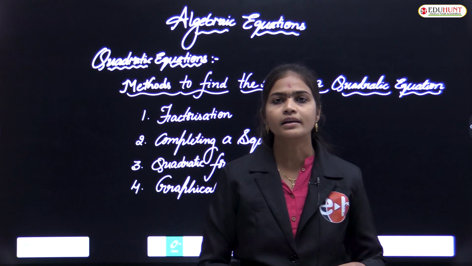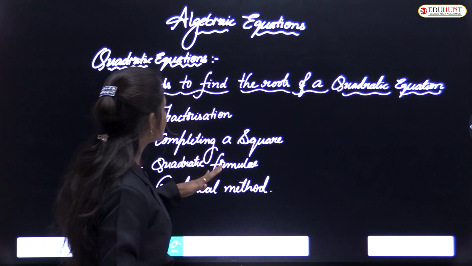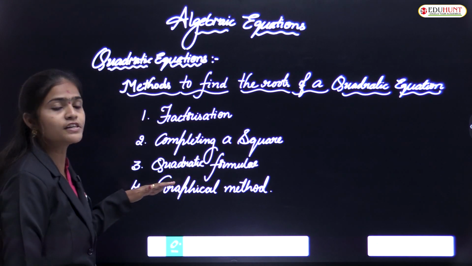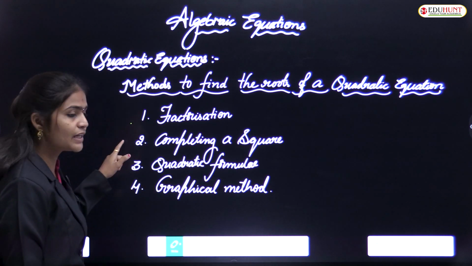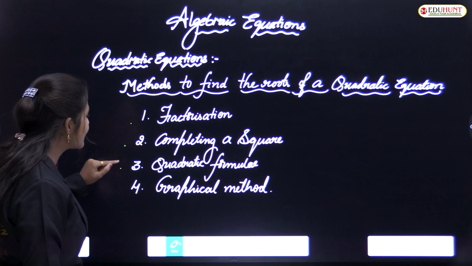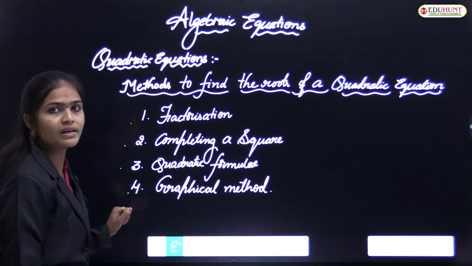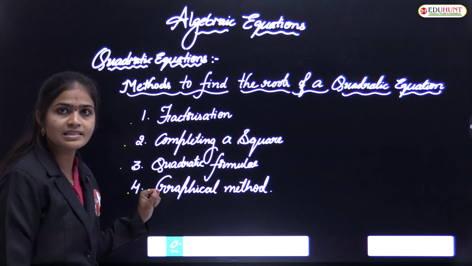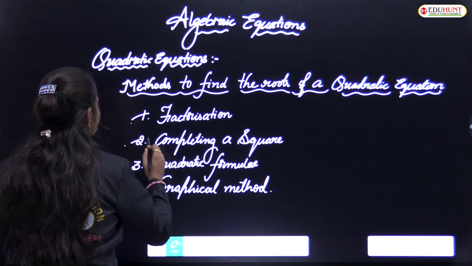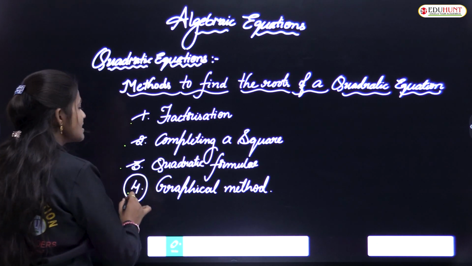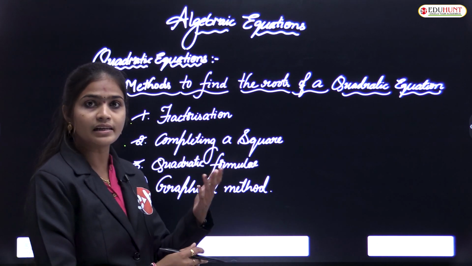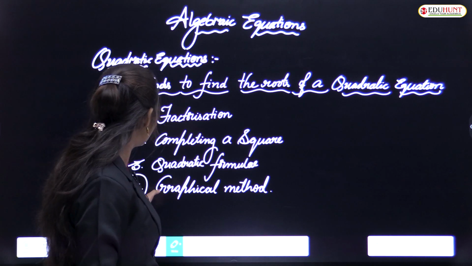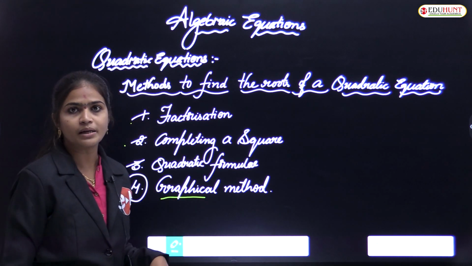Just observe how many methods are there: 4 methods. The first one is factorization, second completing a square method, next quadratic formula, next graphical method. In this class we are going to discuss the first 3 methods. The graphical method you can learn in the next 9th class.